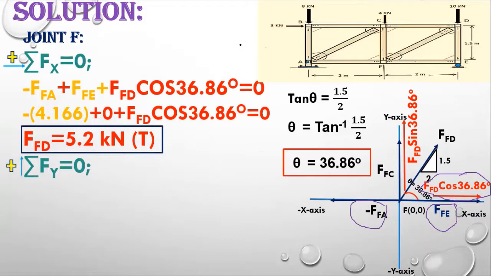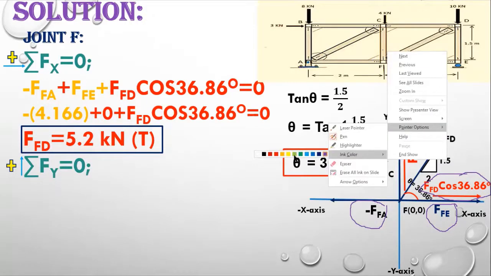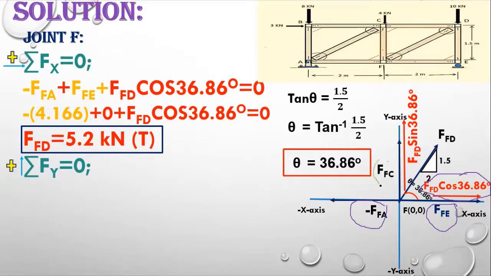So how can we calculate the vertical forces here? Let me change the color of my pointer and then I will show you. This one is FFC, one vertical force, and there is another vertical force. So there are only two vertical forces acting over here, so we will be able to calculate FFC from here.